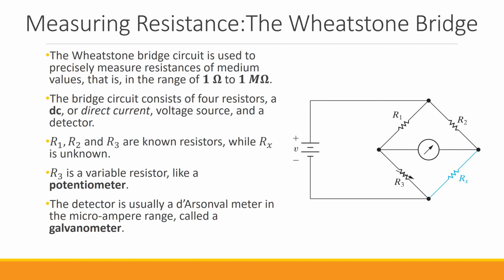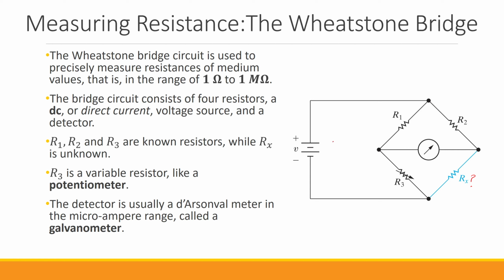So the bridge circuit consists of 4 resistors. So we have R1, R2, R3, and Rx is the unknown resistor that we want to measure. In addition to these 4 resistors, we have this DC or direct current voltage source.